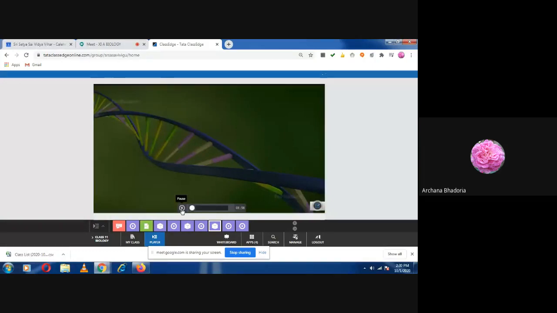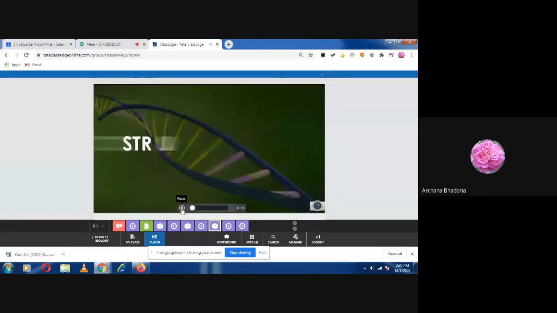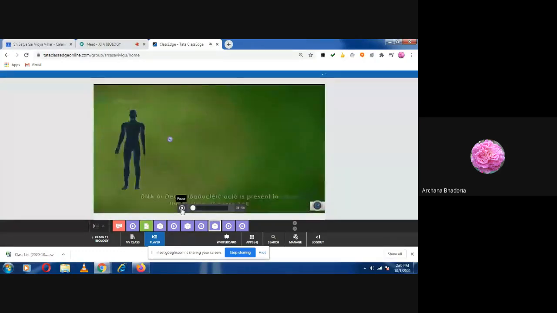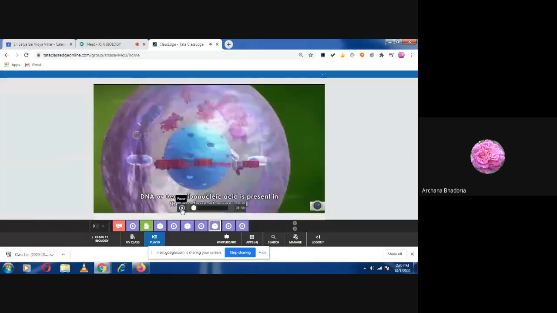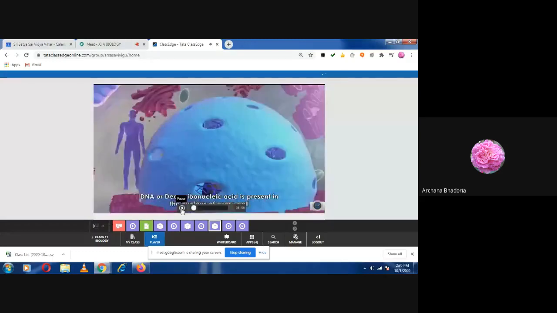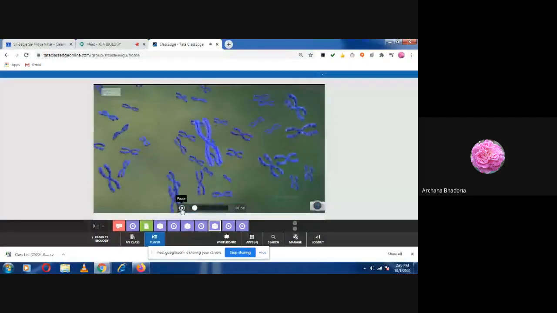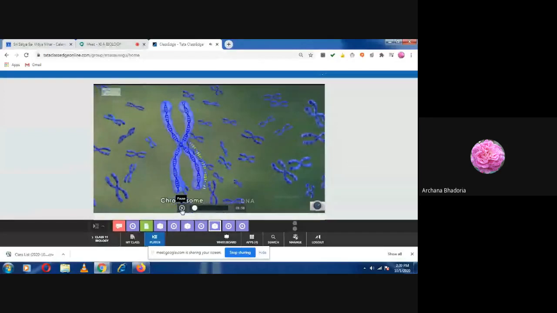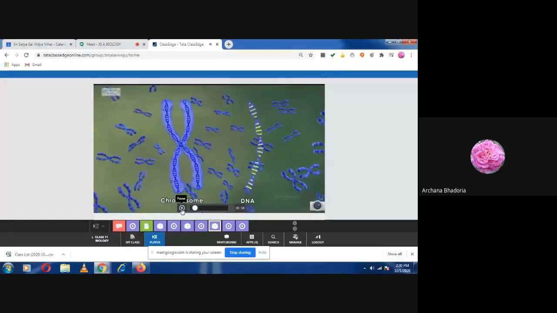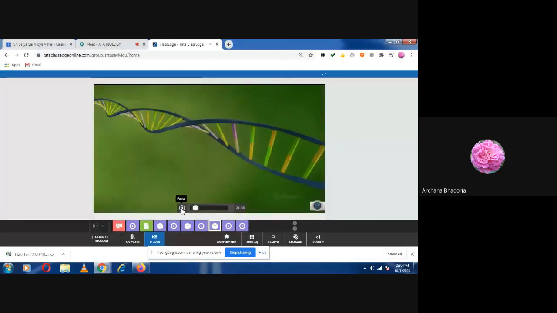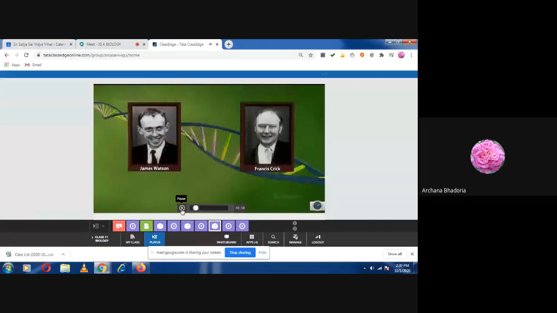Structure of DNA. DNA, deoxyribonucleic acid, is present in the nucleus of every cell. It is present as a highly coiled structure in the form of a chromosome. In 1953, James Watson and Francis Crick proposed the structure of DNA.